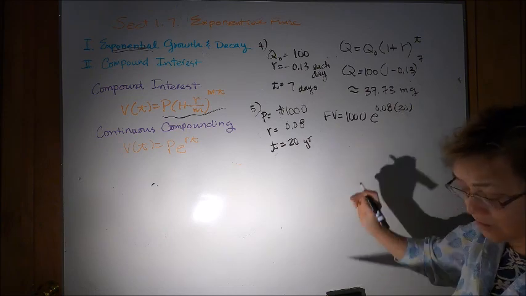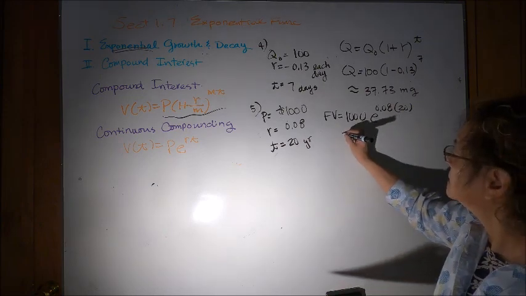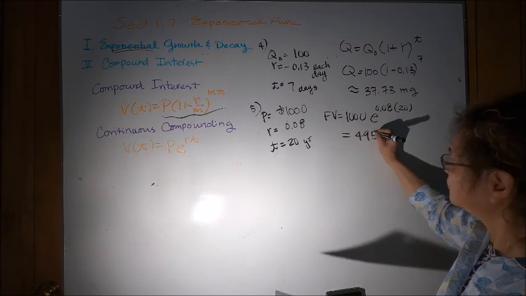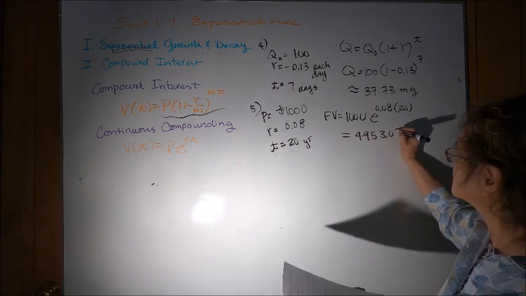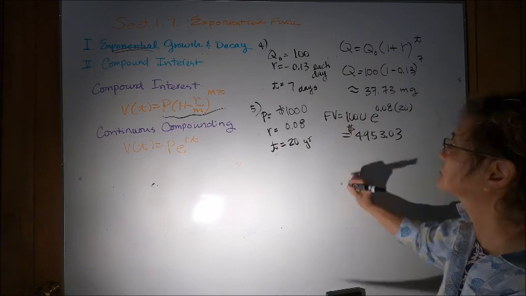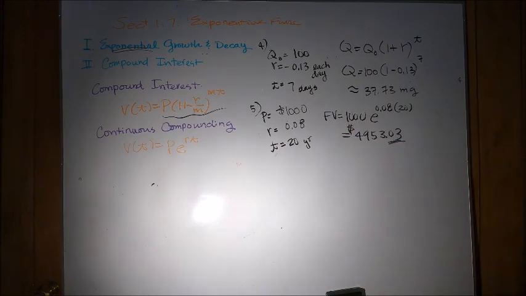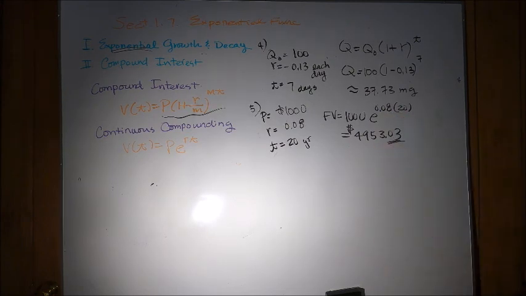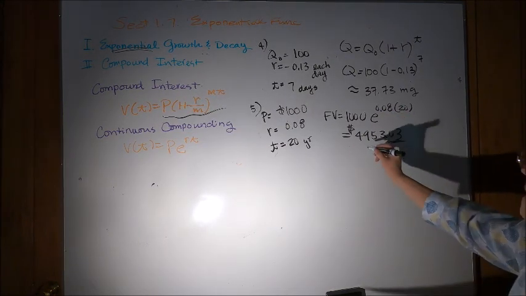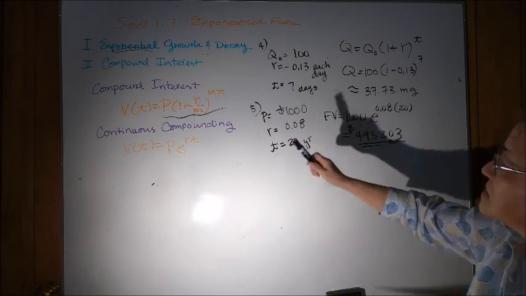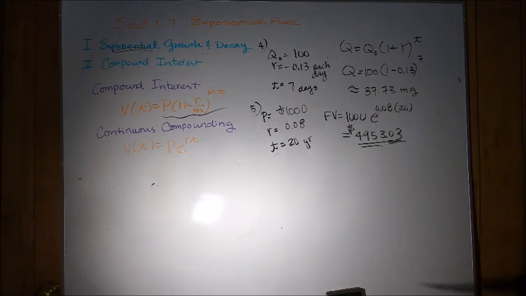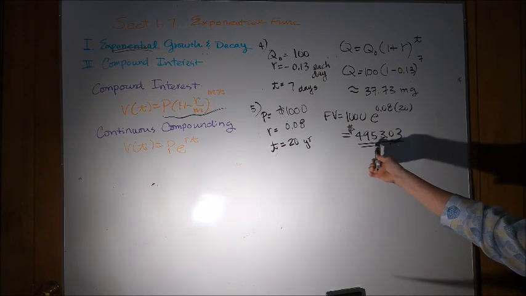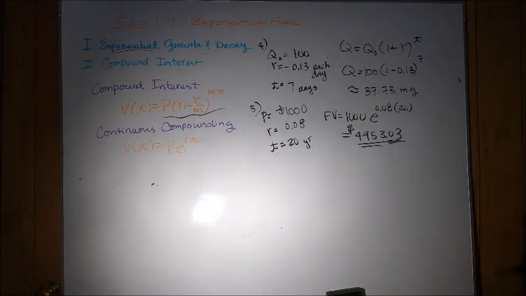You plug it into your calculator and of course you get a bunch of decimals. But for money, you should stop at the pennies. So make sure you plug in and get the right numbers. So that will be what? From $1,000, with continuous compounding, after 20 years, almost 5 times that much.